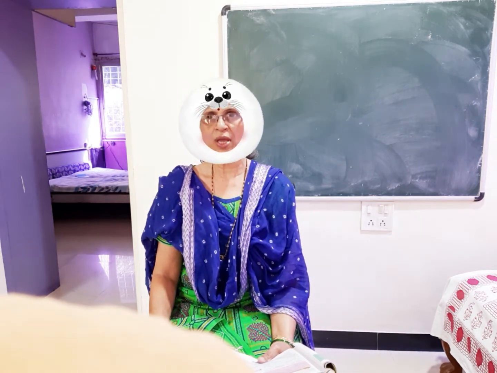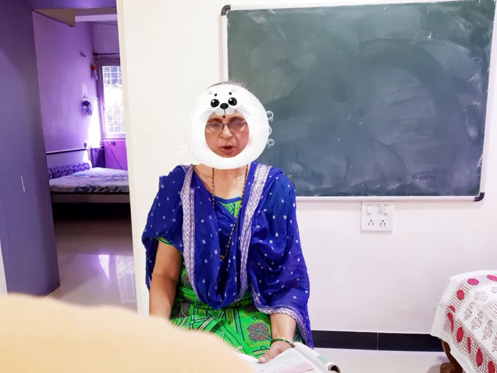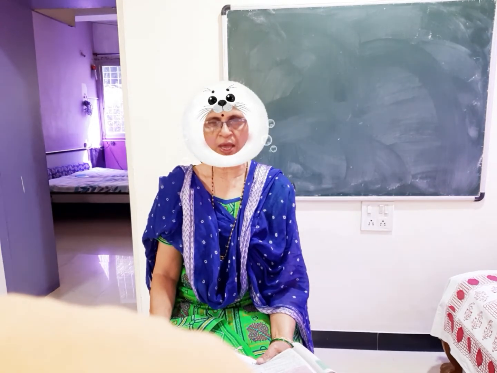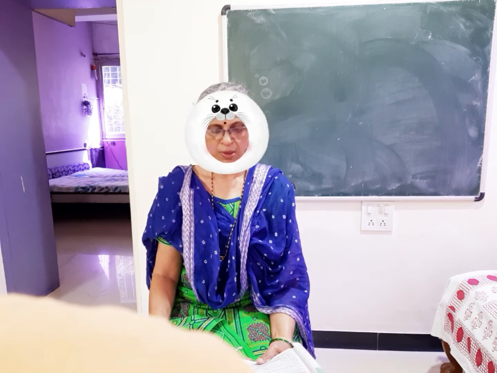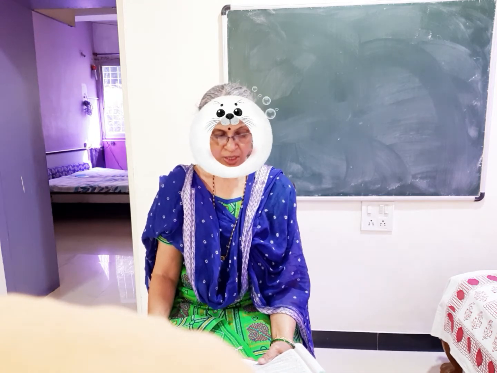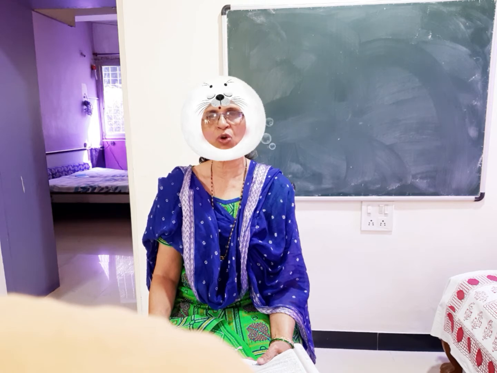How can you write it as a statement? T square proportional to r cube means the square of the period of revolution around the sun is directly proportional to the cube of the mean distance of the planet from the sun. So that is the third law. T square upon r cube is equal to a constant.